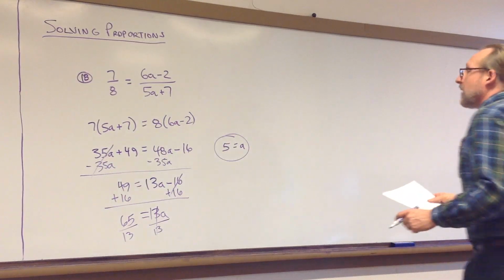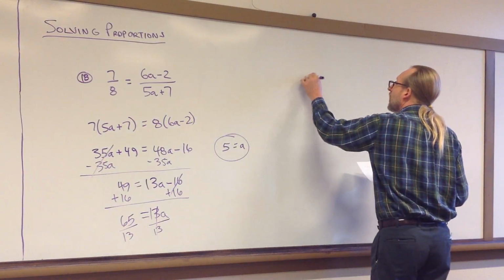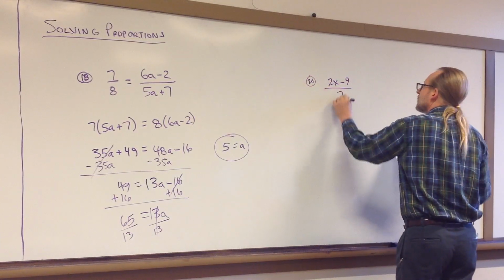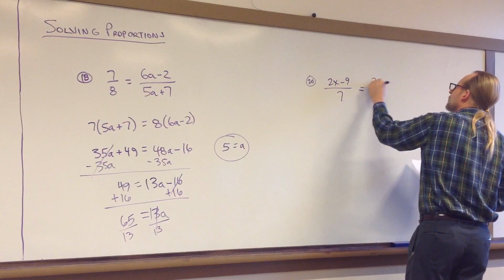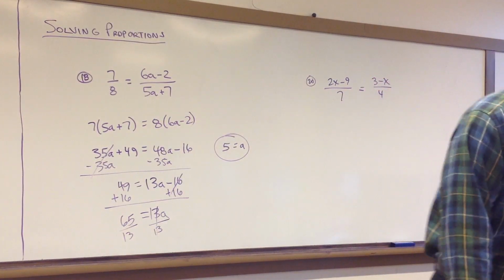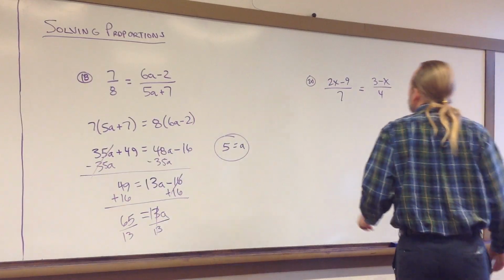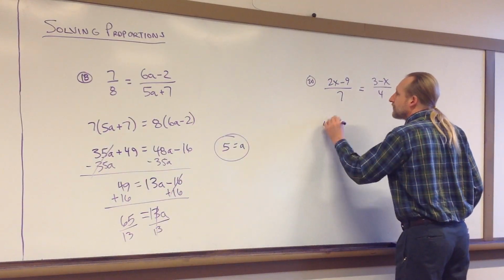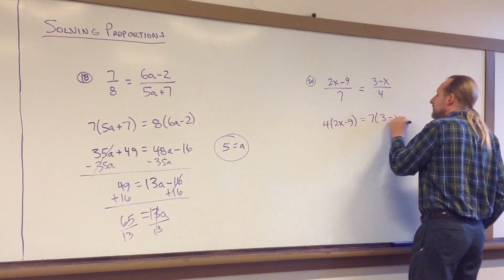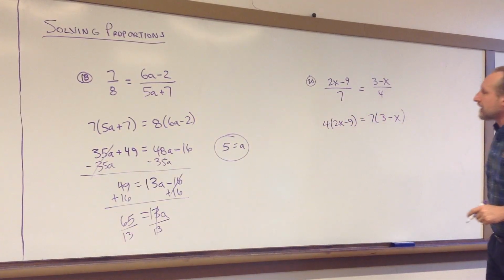Let's look at problem 20. So (2x minus 9) over 7 equals (3 minus x) over 4. All right, so let's cross multiply. That'll give us 4 times (2x minus 9) equals 7 times (3 minus x).